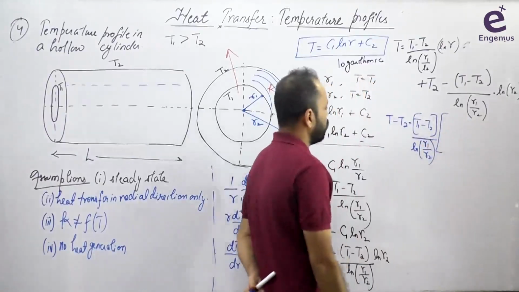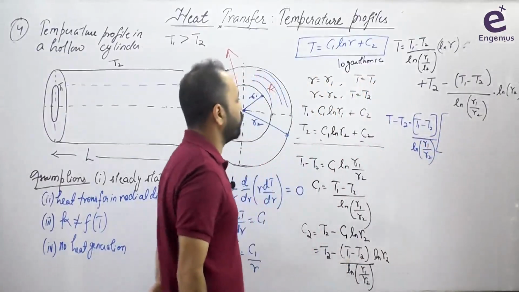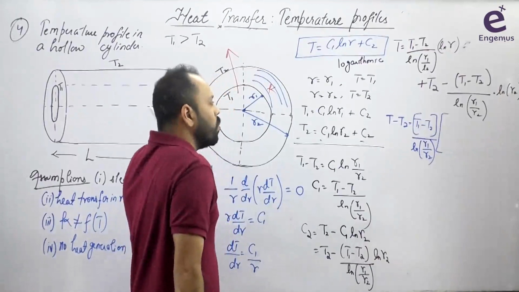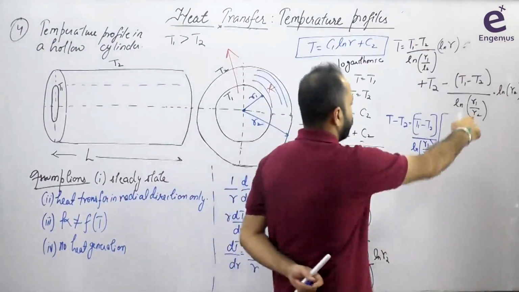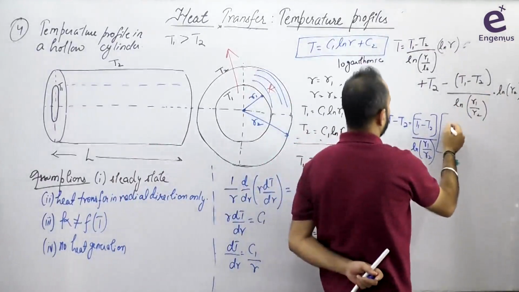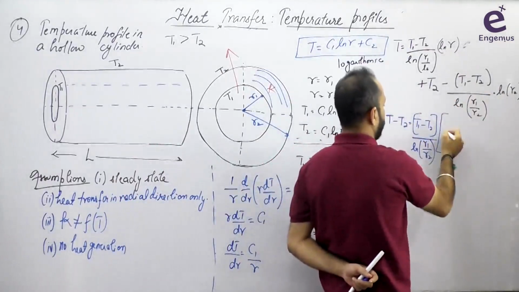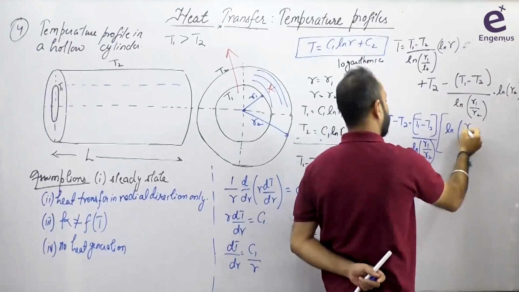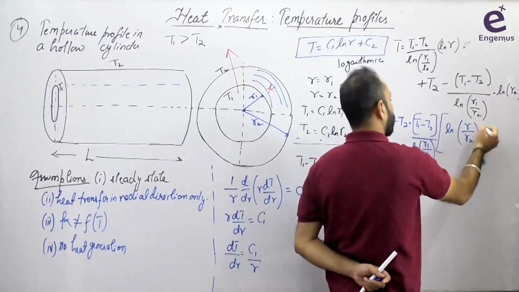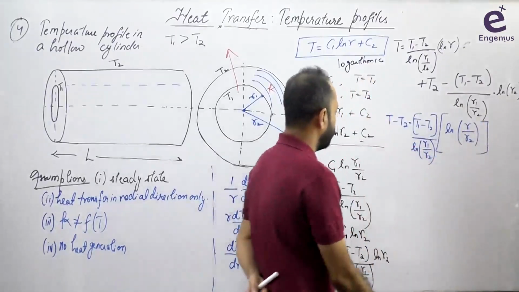So T minus T2 is equal to T1 minus T2 by log of R1 by R2. This is log of R minus log of R2. So I think it should be log of R by R2. ऐसा कुछ बना है? नहीं बना, देखो.